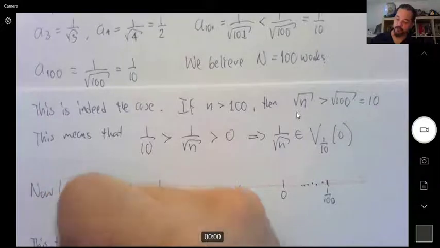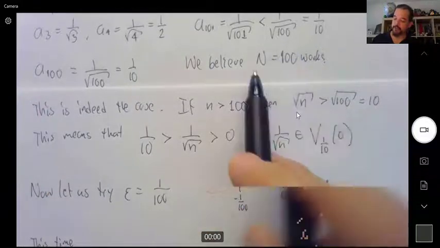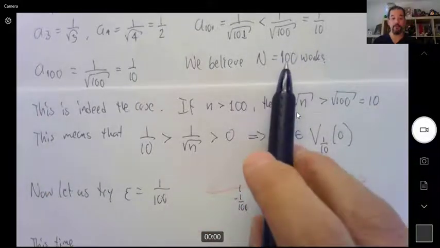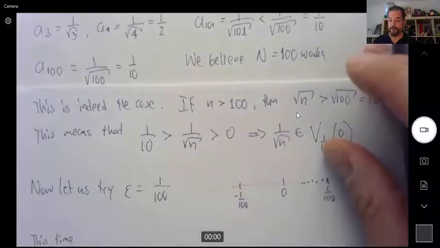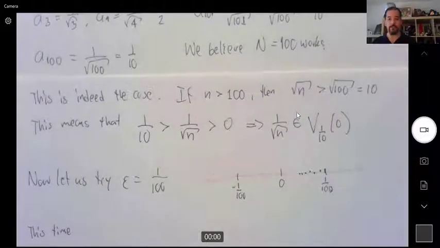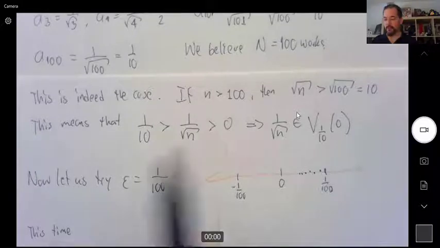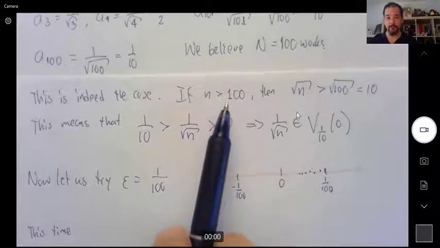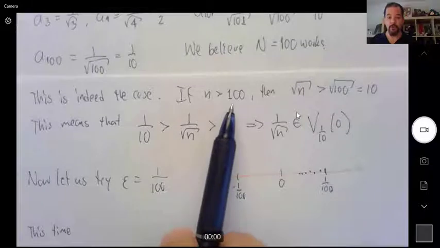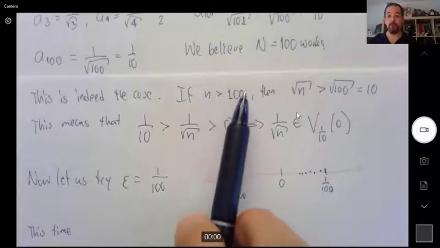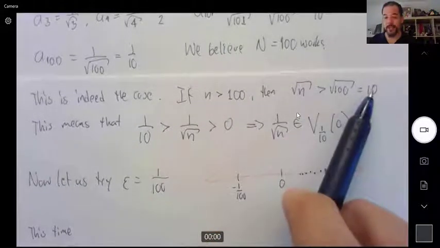So the question is, how did we know that here the one that worked was 100? That's the question we should be asking ourselves. If you looked at the argument here, 100 worked because when we took its square root, we got 10.